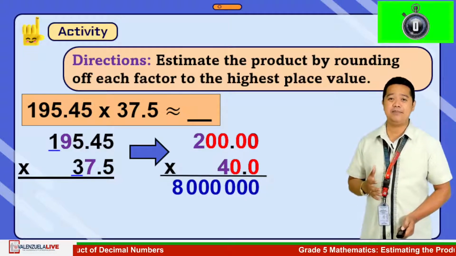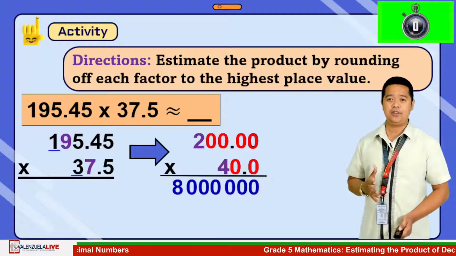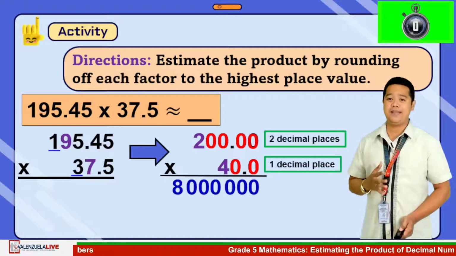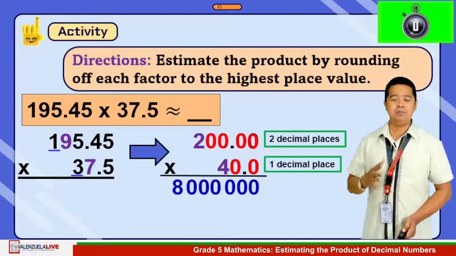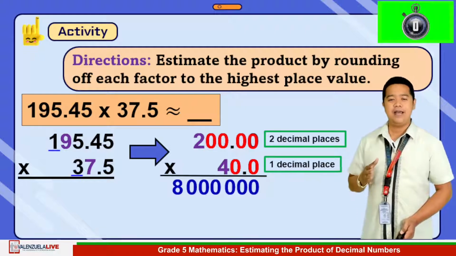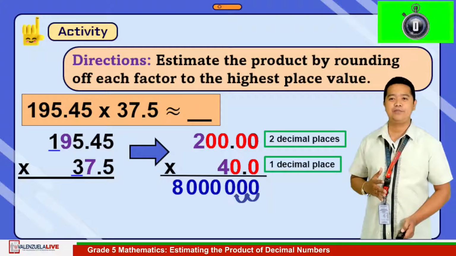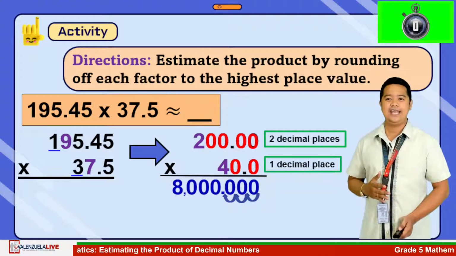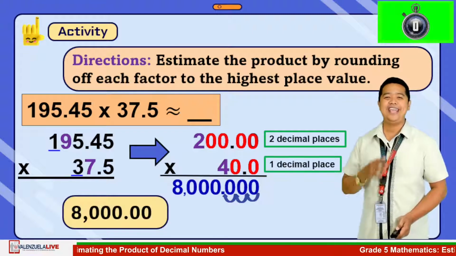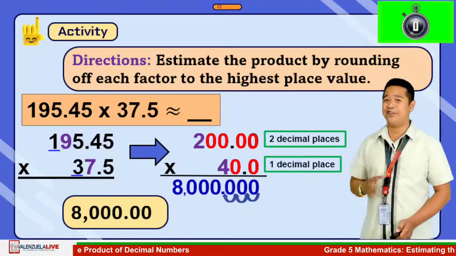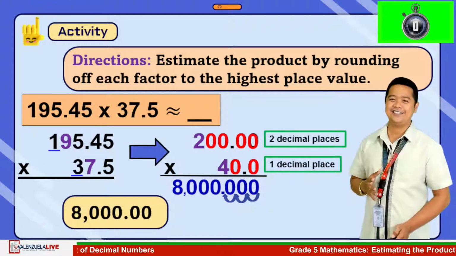Then count the decimal places of the factors. We have 3 decimal places. So let us move the decimal point three times from right to left. 1, 2, 3. Let's put the decimal point here. Then the final answer is 8,000. I hope that you got the correct answer.